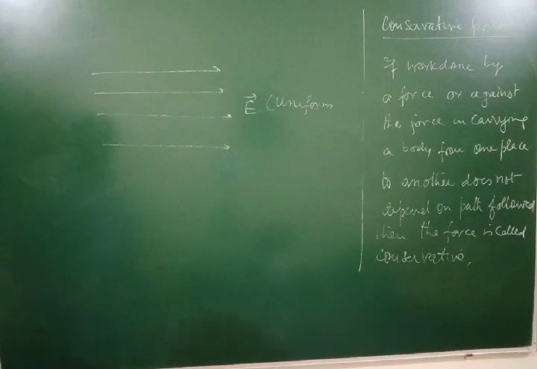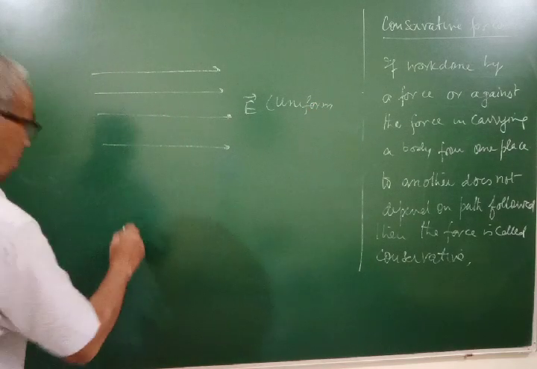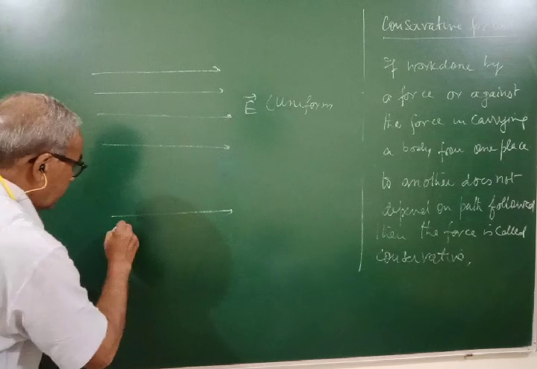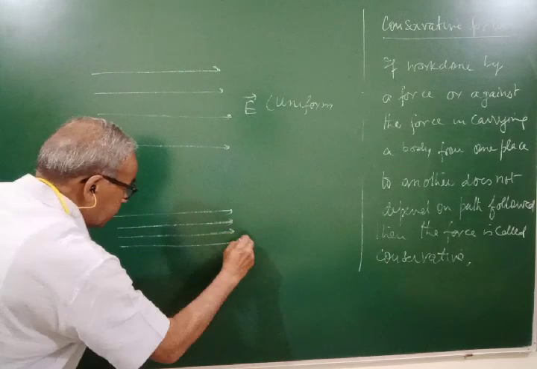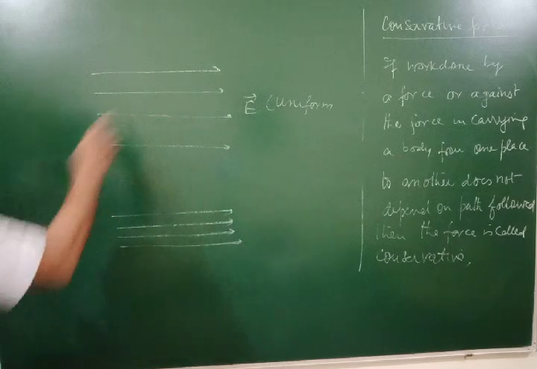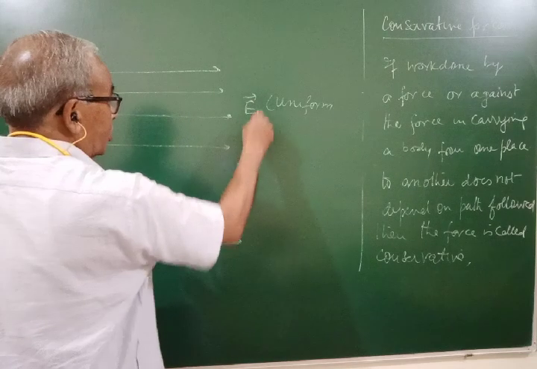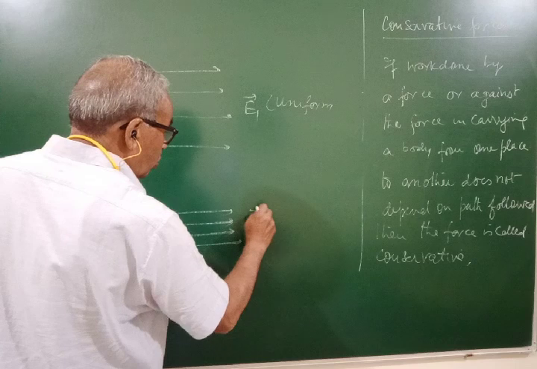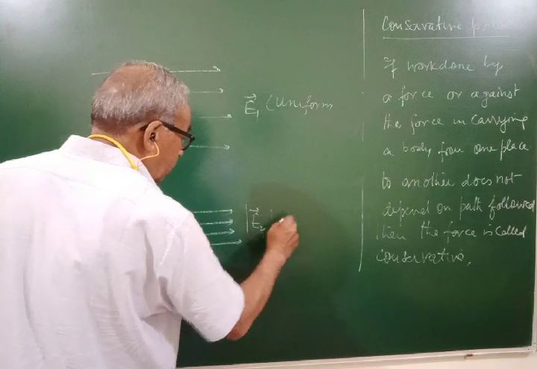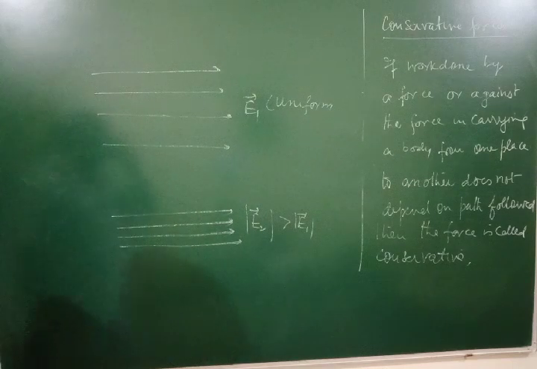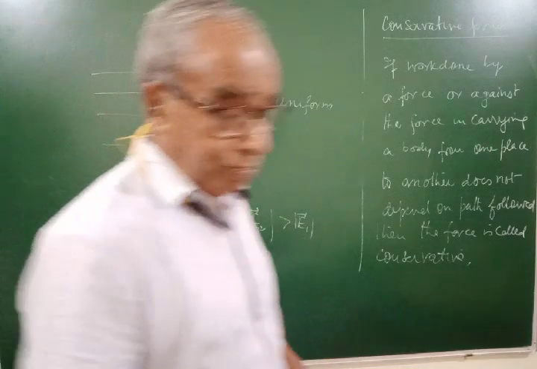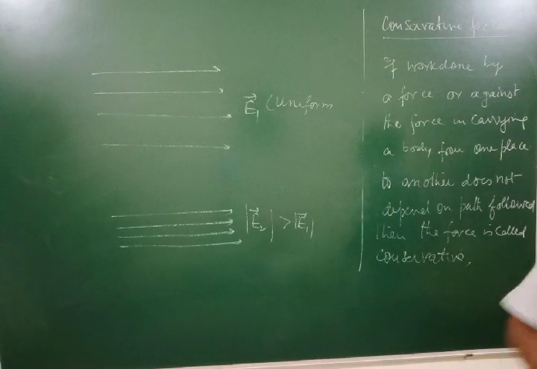Another field is written here like this. Here the field lines are parallel, but the distance between them is smaller than this. So if this is E1, suppose this is E2. Here the magnitude of E2 is greater than E1. The closer the field lines, the stronger the field, and the farther the field lines, the weaker the field.